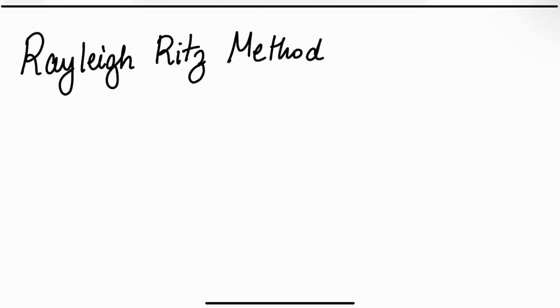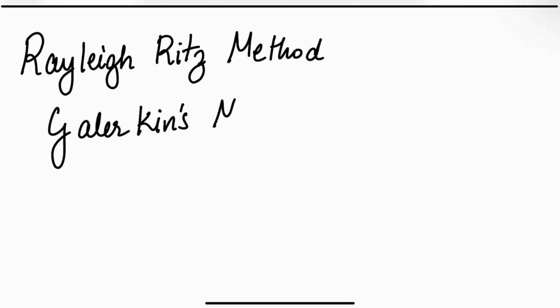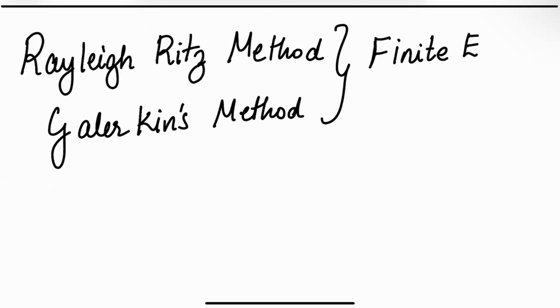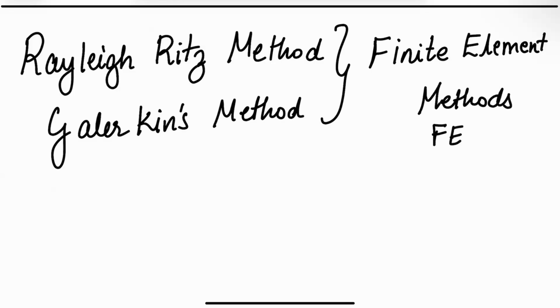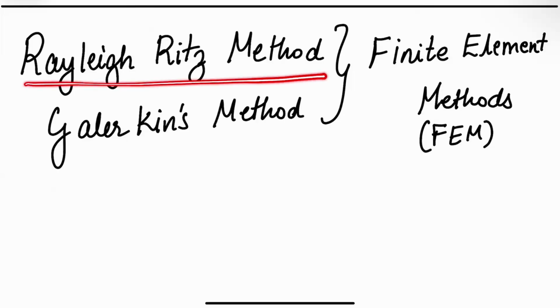There is another method to solve the wave equation or any kind of differential equation using finite element, and that's called Galerkin's method. So both of these methods are essentially finite element methods. Here, FEM. So if you start from a variational principle, it's called the Rayleigh-Ritz method. If you start from a differential equation, it's called Galerkin's method.